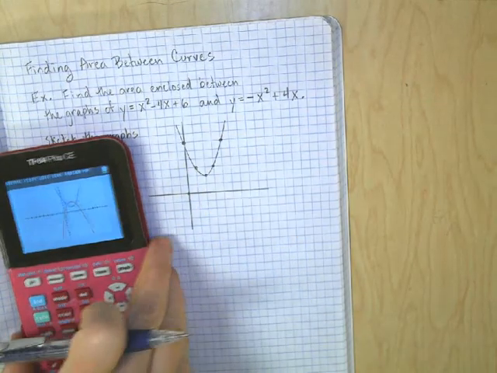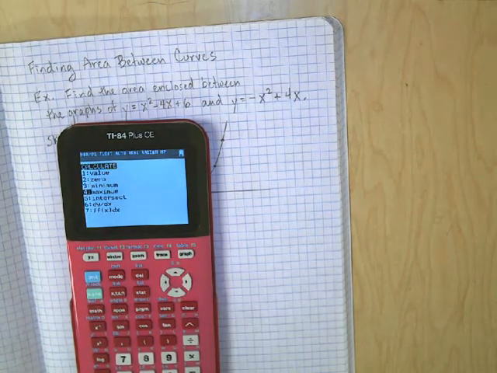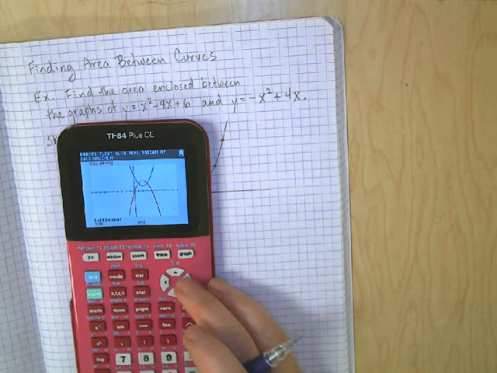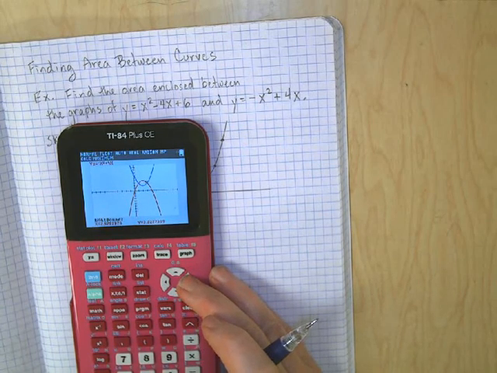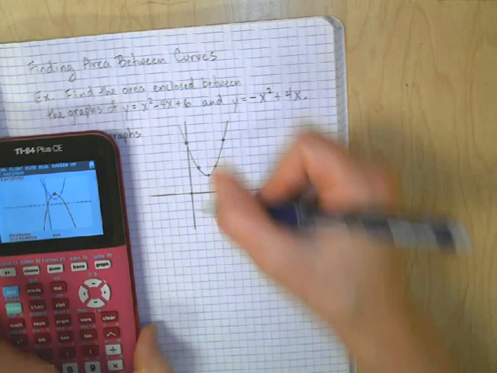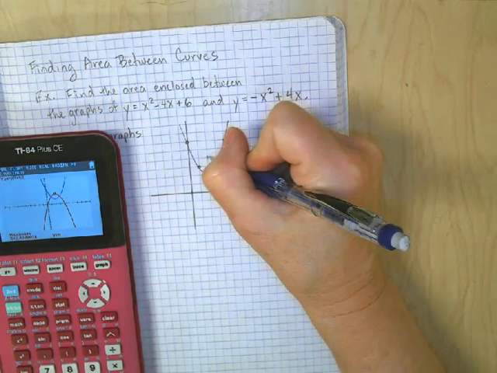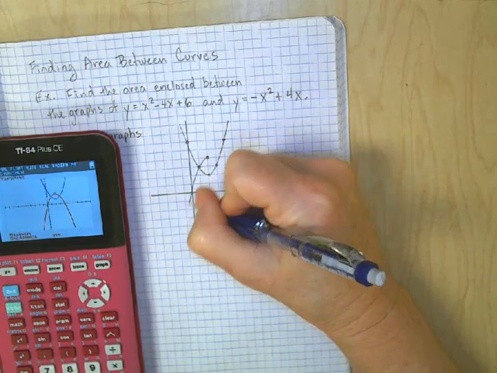I'm not sure where my vertex is, but it's a maximum, so I'm going to use my graphing calculator to figure out what the maximum is. And it's at 4, so (2, 4). There's my maximum. And I can graph that.